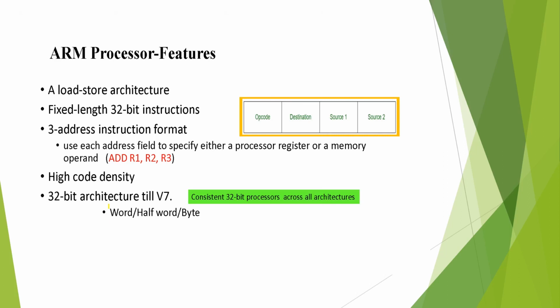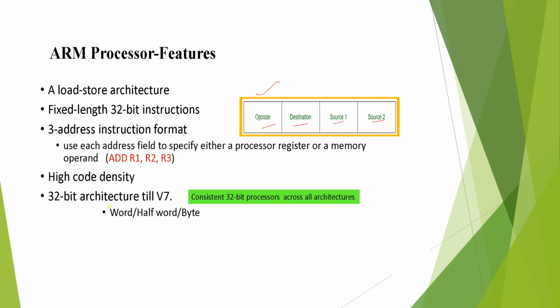The instruction format is shown here in this figure. It is a three address instruction format which consists of the opcode, operand 1, operand 2, and the destination register.